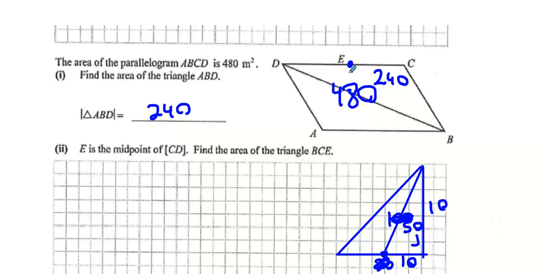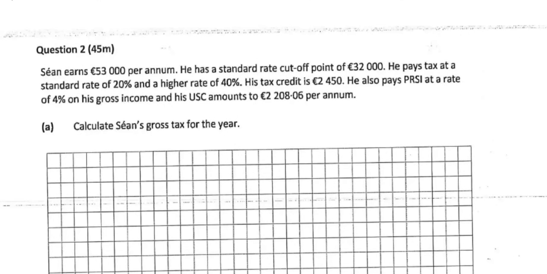A is the midpoint, and you halved it. So what happens when you half 240? Yeah, that's 120. All right. Good job. Okay. Next one.